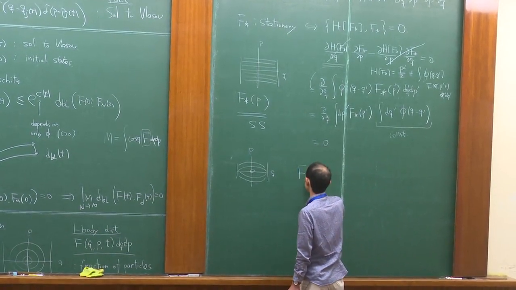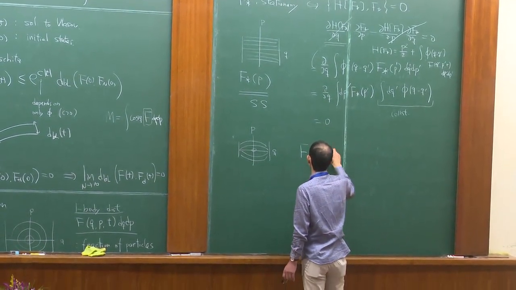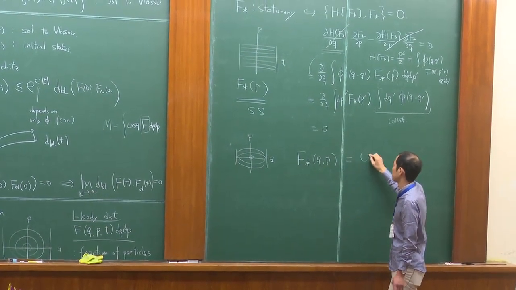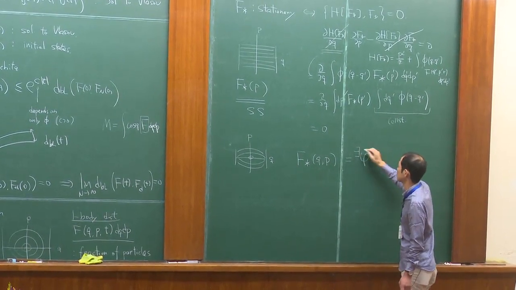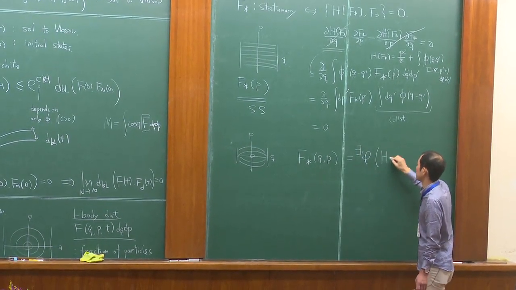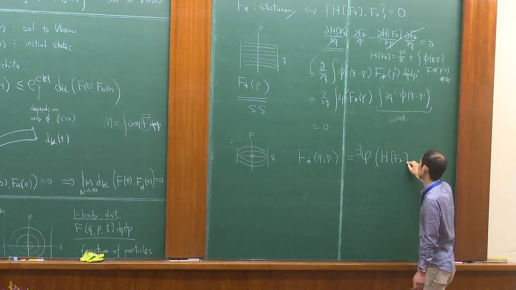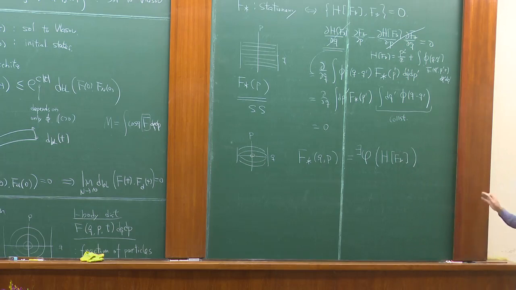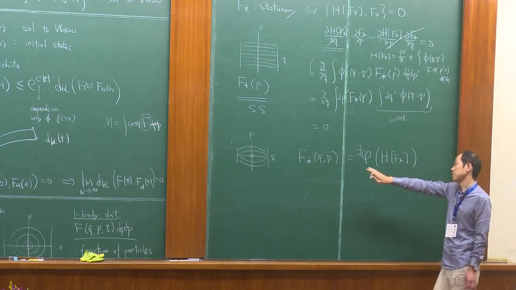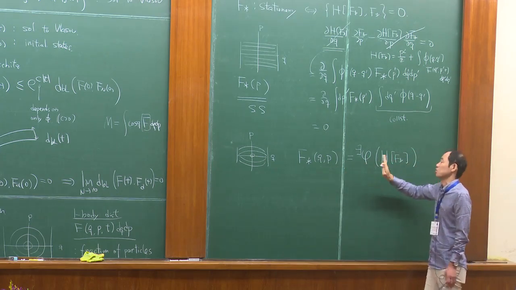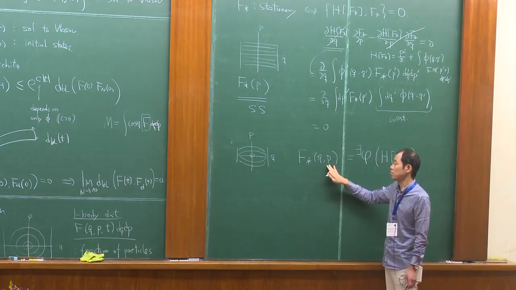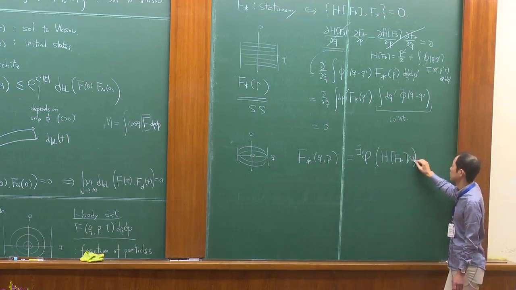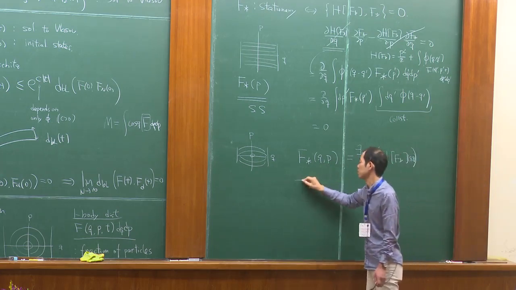If F star, which now depends on Q also, is described by some function of the Hamiltonian, that is, F star depends on q and p only through the Hamiltonian H(q,p), then this is a stationary state.